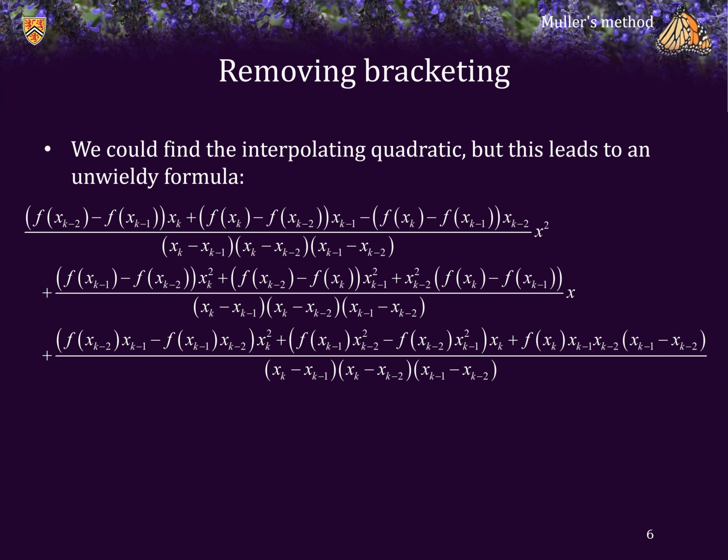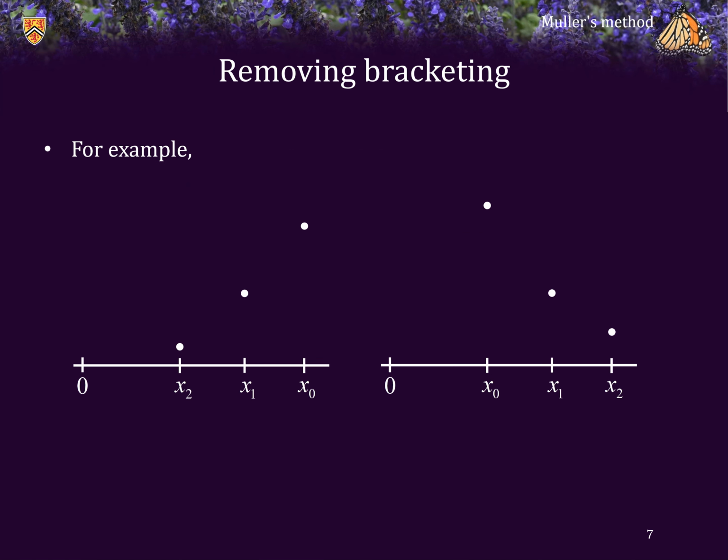Now, we could just find the interpolating quadratic between these points, but this leads to a rather unwieldy formula. And there's now another additional question. Which root do we pick? We found the 2 roots of the following interpolating quadratic. Do we pick the larger or the smaller? For example, on the left-hand side, we definitely want to find the larger root.